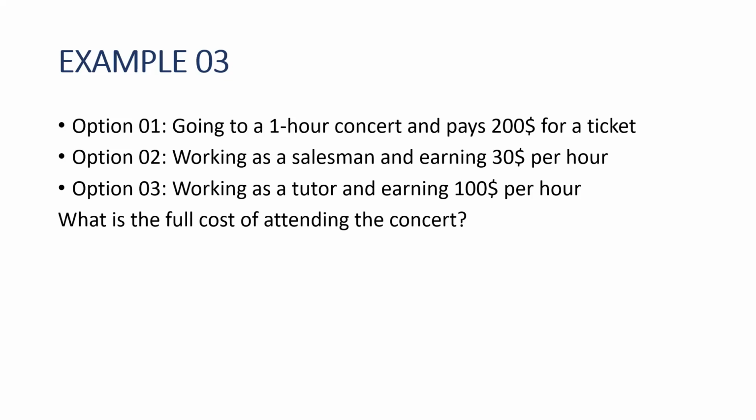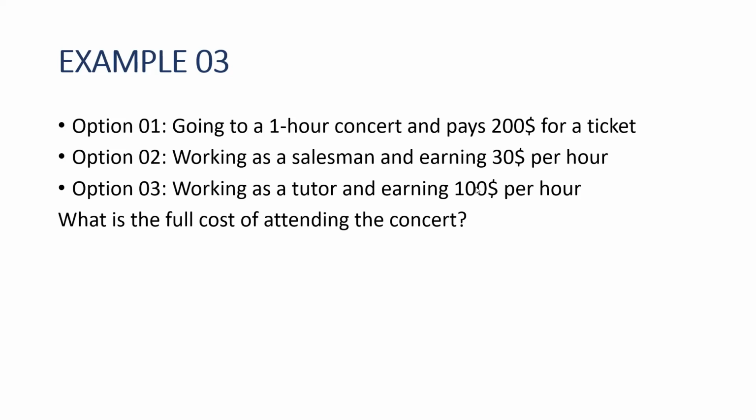So I'm sorry to say it's not the correct answer as well. Actually, what all of you have gone through is that you have chosen option number 1 instead of option number 2 or option number 3. At the same time you can't do both options. So when calculating the opportunity cost, or the full cost of attending the concert, you can't add these two values together.